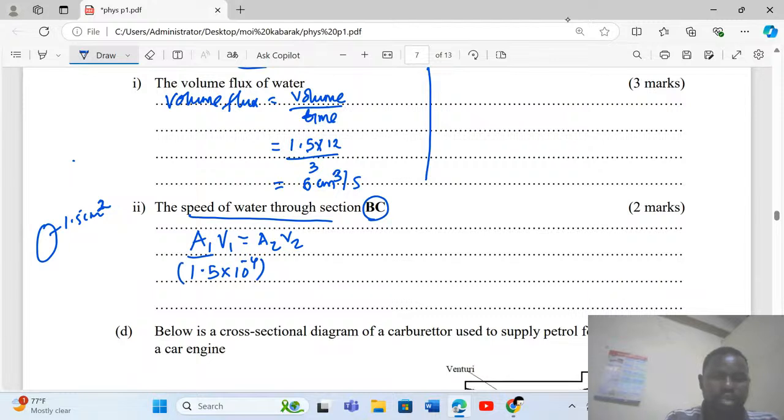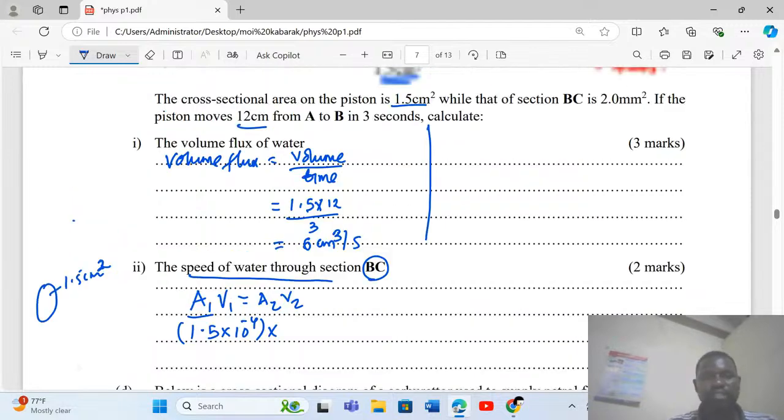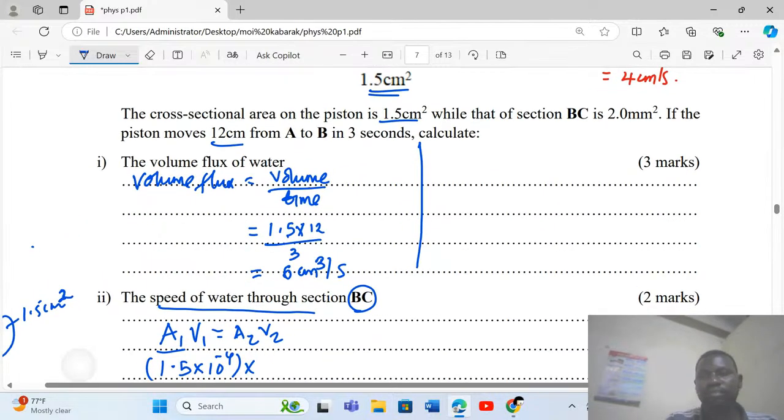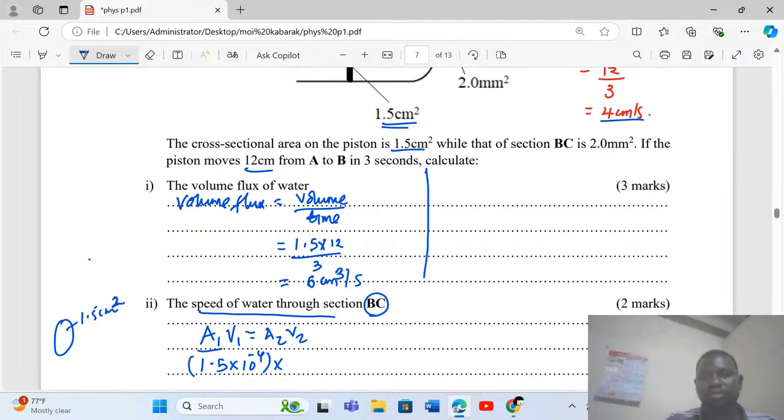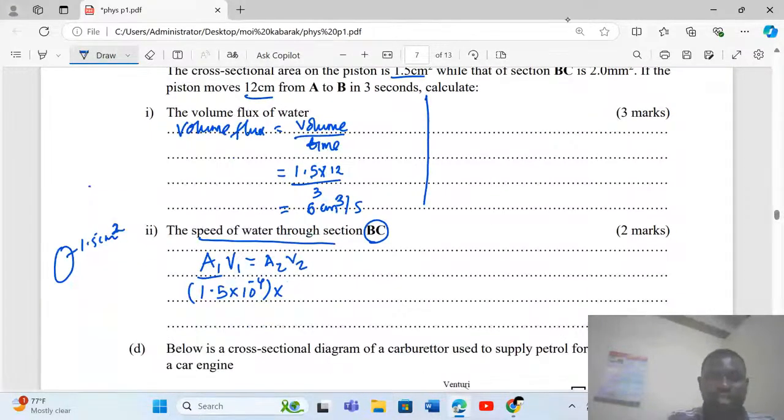Then now you multiply by velocity 1, which we have got as 4 centimeters per second. This is equivalent to 0.04 meters per second.